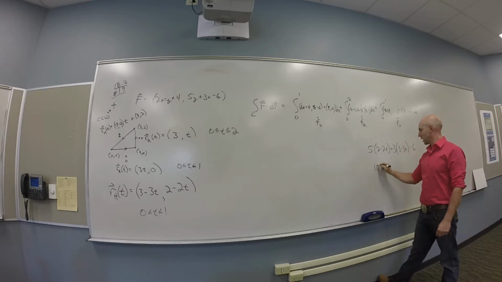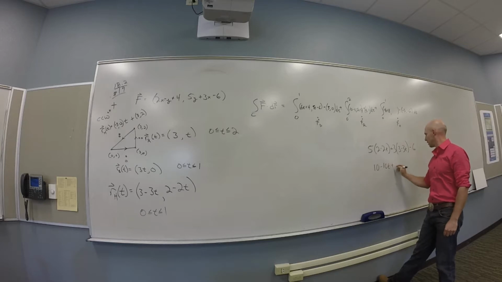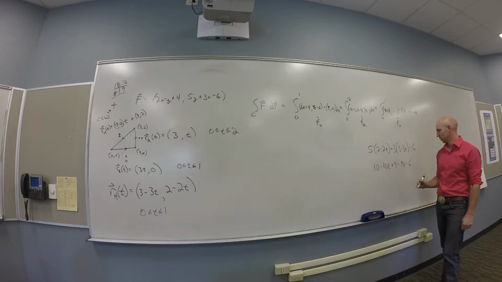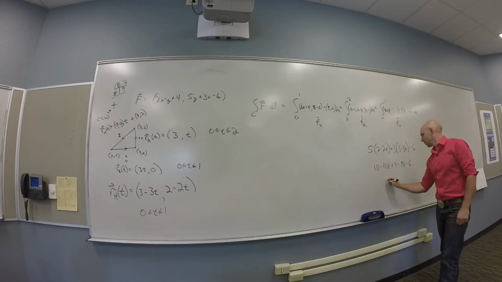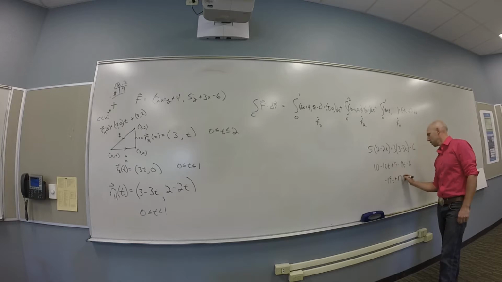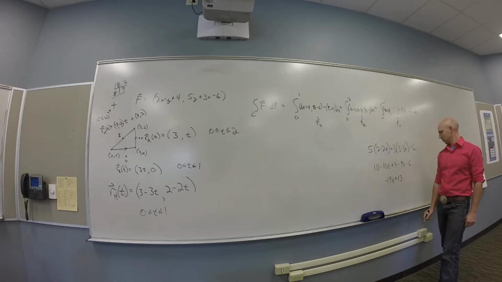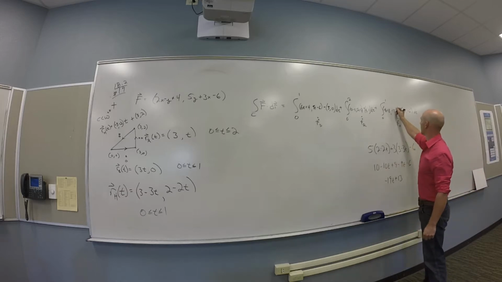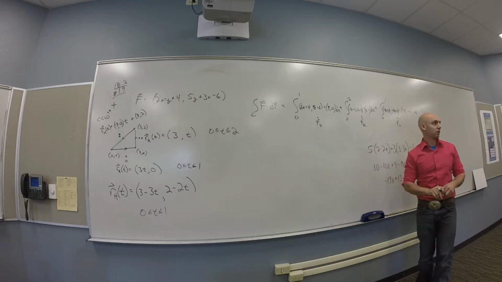Okay, so I got 10 minus 10t plus 9 minus 9t minus 6. So negative 19t plus 13, because those are pluses and 19 minus 6 is 13. Great, so I got minus 19t plus 13. Whoa. Now what?